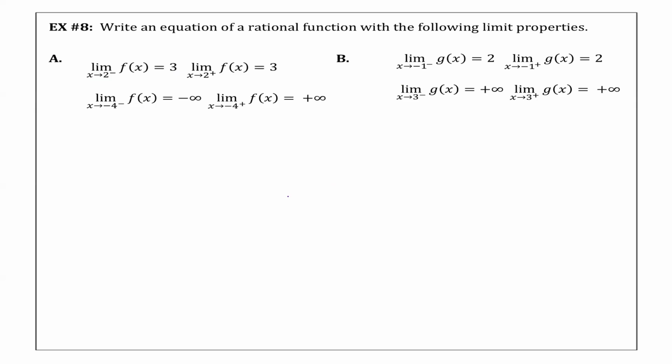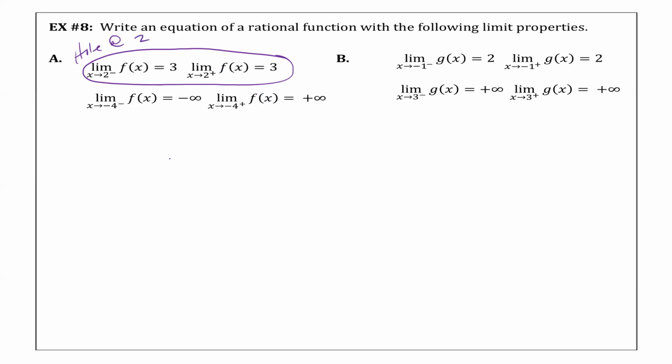That there's possibly a hole, right? There's a hole at 2 and the value of that hole has to be 3. Does that make sense?